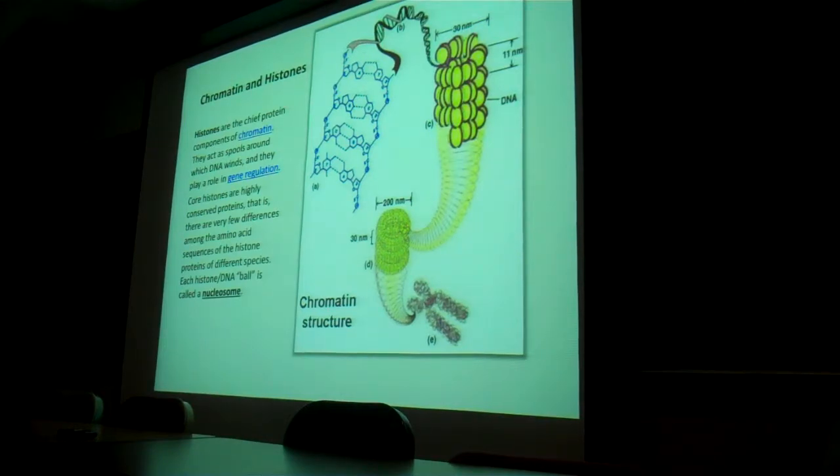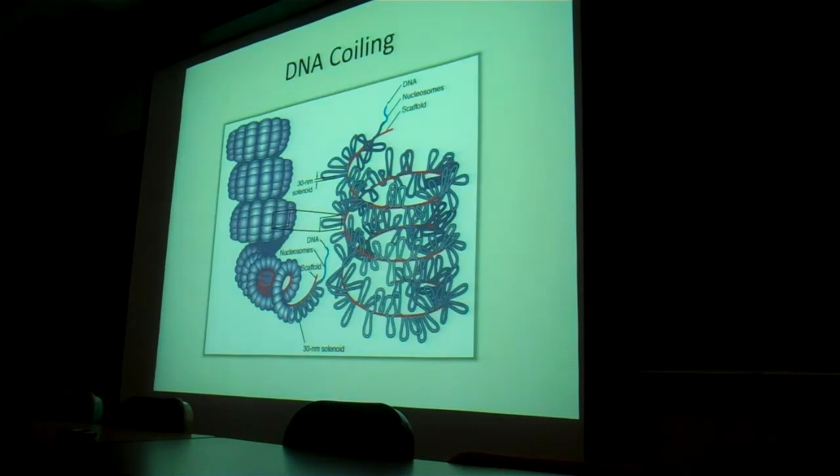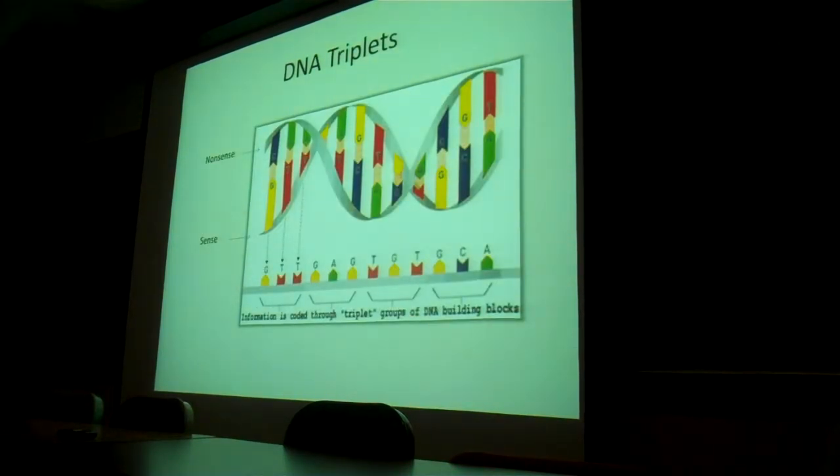Chromatin, histones. Basically, just know what they are. DNA coils into chromosomes. That's basically all that was shown. It's chromatin, and when it coils up, it's chromosomes. And that's what will hold that stain.